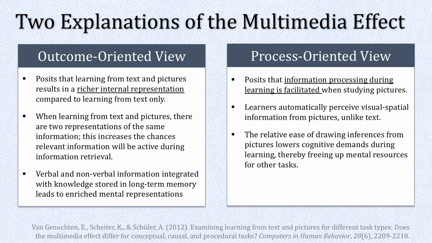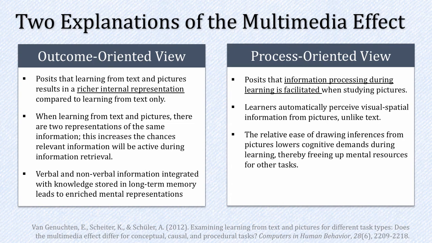This particular theory posits that learning from text and pictures results in a richer internal representation compared to learning from text only. In other words, when learning from text and pictures, there are 2 representations of the same information. This, in turn, increases the chances of a learner being able to retrieve or activate that information.